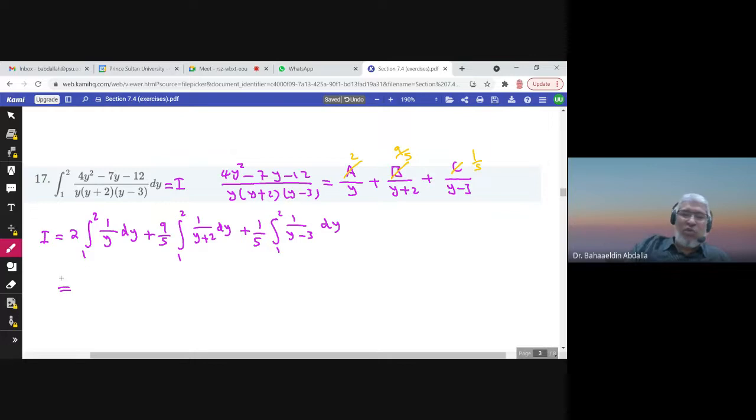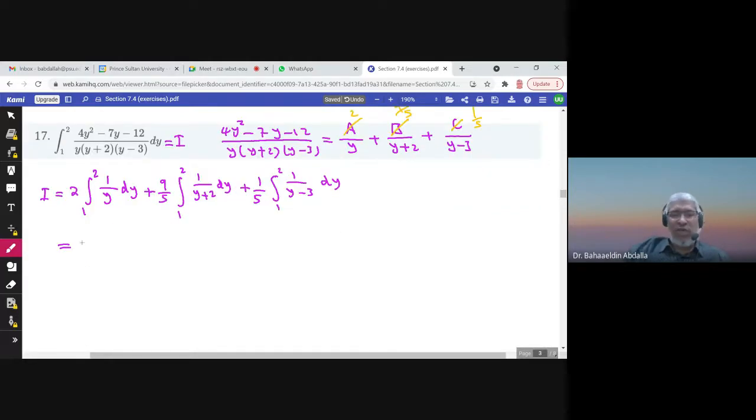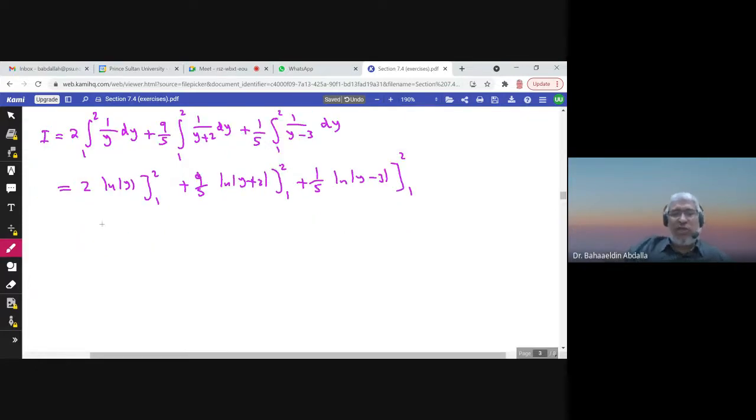I leave it to you to continue the question, okay? Just ln y and replace from 1 to 2, plus 9 over 5 ln |y plus 2| and replace from 1 to 2, plus 1 over 5 ln |y minus 3| and replace from 1 to 2, and just find the final answer. Let me do it.